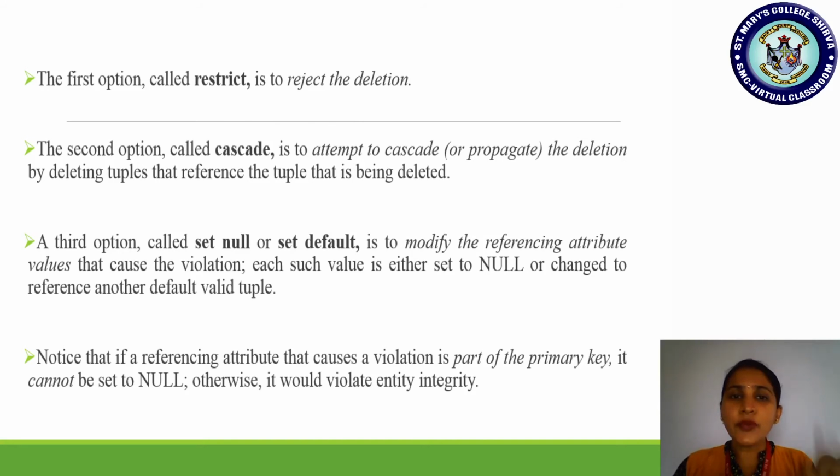If I use the third option, automatically John Smith's department number 5 will be removed, and in place of 5, NULL will be added. Or else if you are giving the option default, then John Smith will be working in which department? 5 has to be removed because 5 is now getting deleted. So if I have set the default as the sales department, and sales is given with some number like 10, that number will be added.